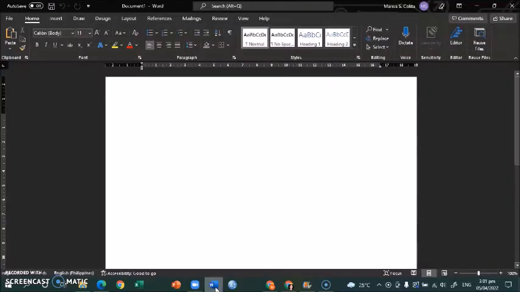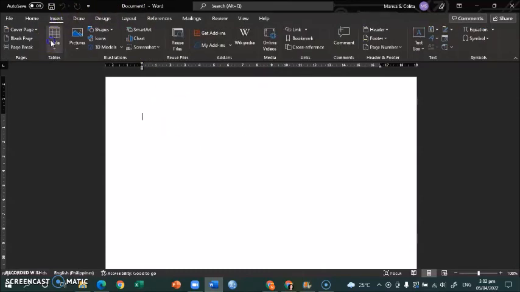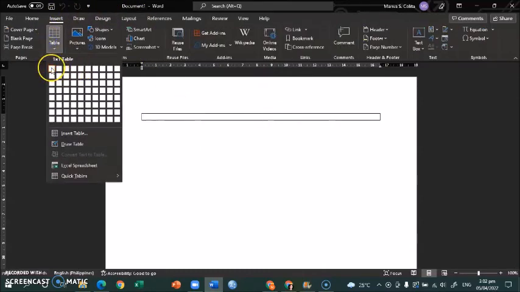So this is how to make a table with 3 horizontal lines. First, we insert a table. This is for indicator, SD, mean, descriptive levels.